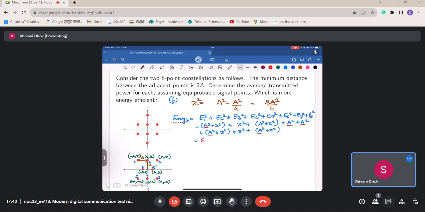So this comes out to be 6a square plus 6x square.